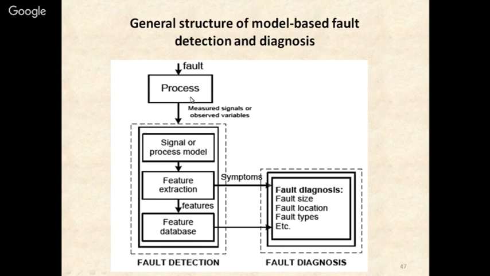We are just supposed to have the healthy motor's data and the faulty motor's data, and we can model the signal or model the motor, and then we can have some feature extraction done by subtracting the actual signal from the motor and the signal from the process model or signal model. And these features are fed to the diagnosis system, which can actually tell you what type of fault there is and what the location and type of fault is. So this is the basic structure for model-based fault diagnosis.